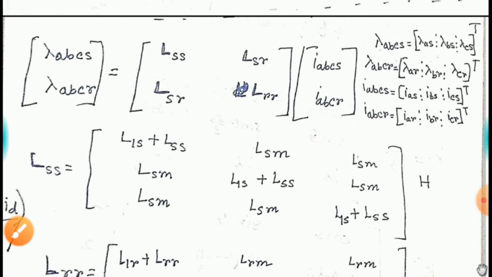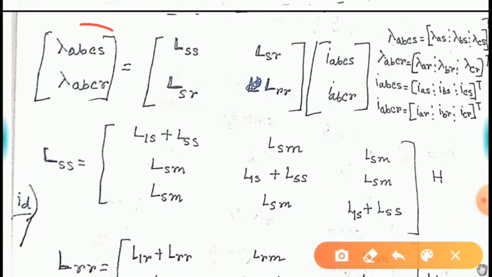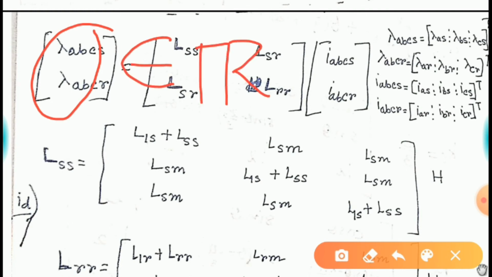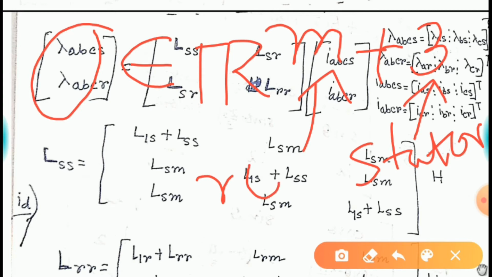In the case where you have m phases in your rotor, m may be greater than 2 or less than 2, but in that case the dimension of this vector will be 3 due to the 3 phases of your stator, and these m are the m number of rotor variables, right?